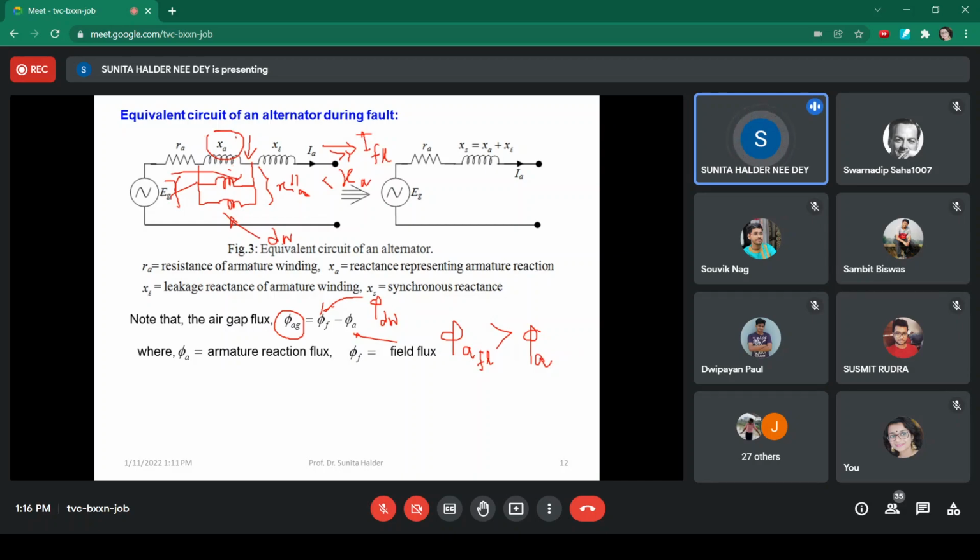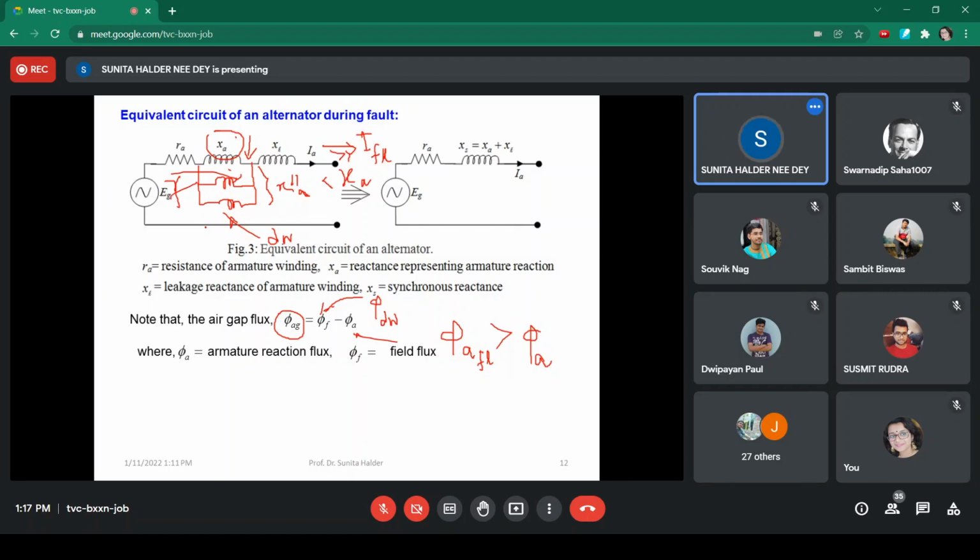If we want to represent that a reactance is reducing, that means some reactance is added in parallel to that. So that is the representation of the behavior of the generator during the subtransient condition, because in the subtransient condition the current is very high, twice the steady state fault current, and the damper winding and field winding are in action, right?